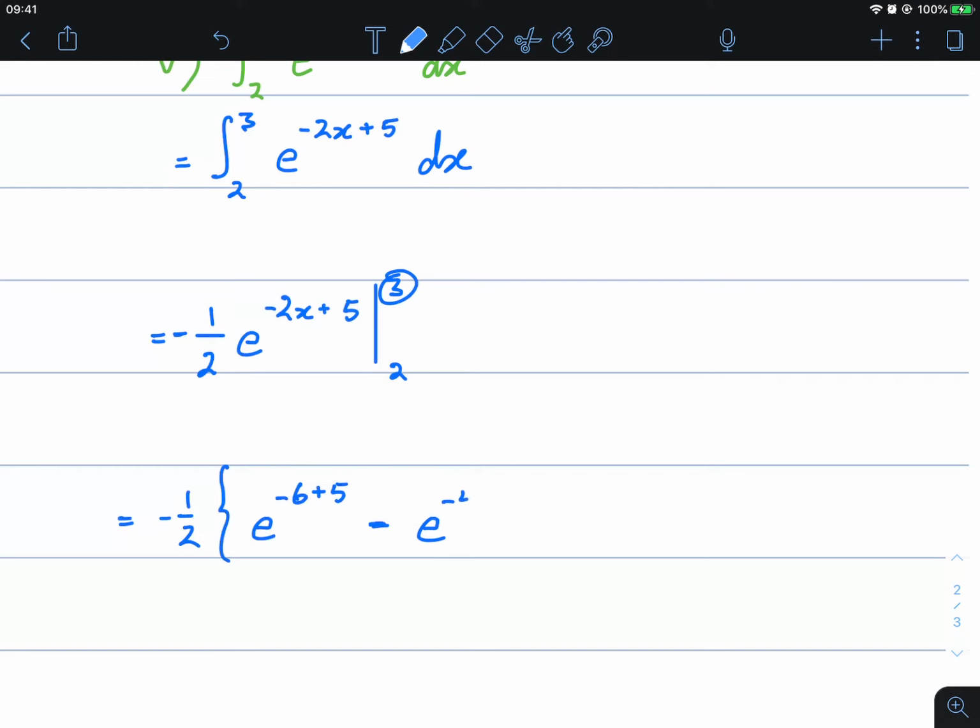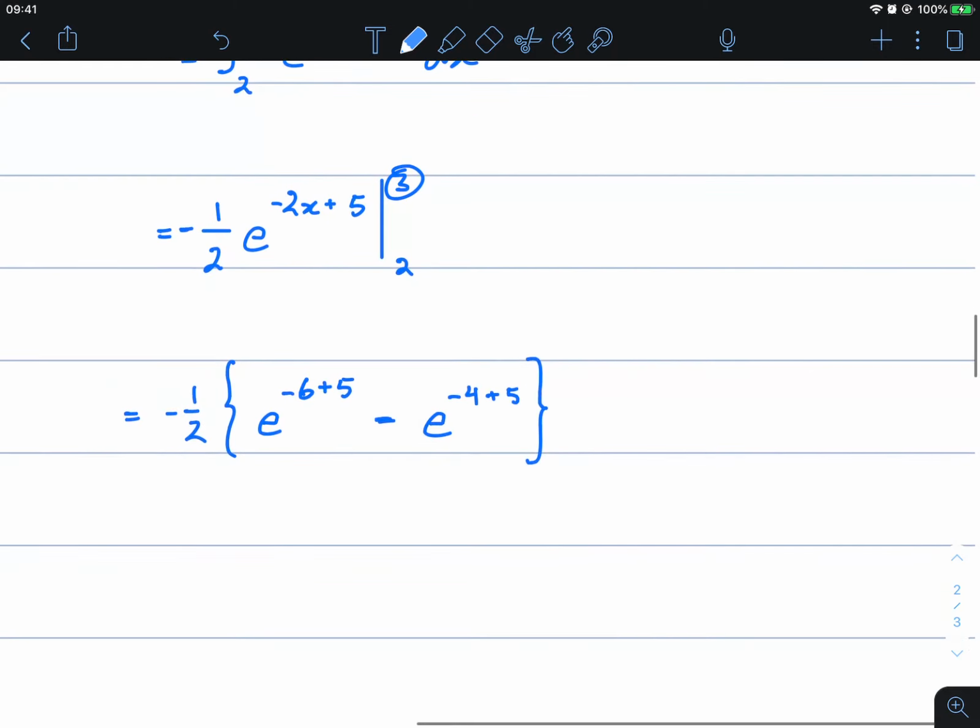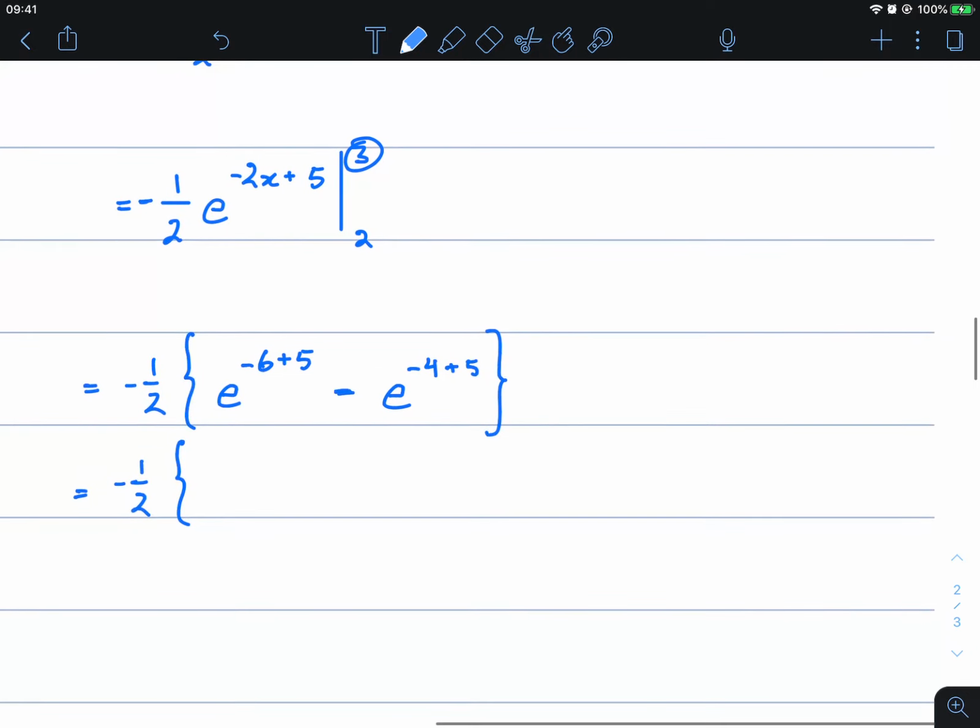That's negative 4 plus 5. The half stays where it is. This will be e to the power of negative 1 minus e to the power of 1.